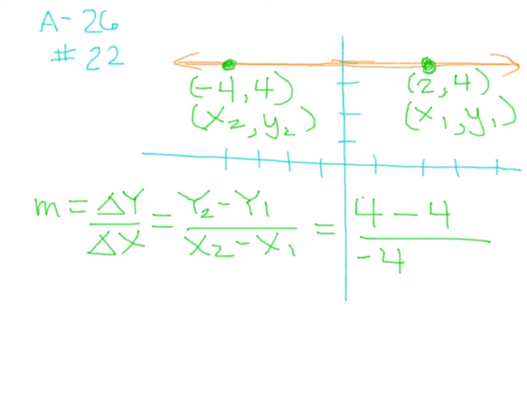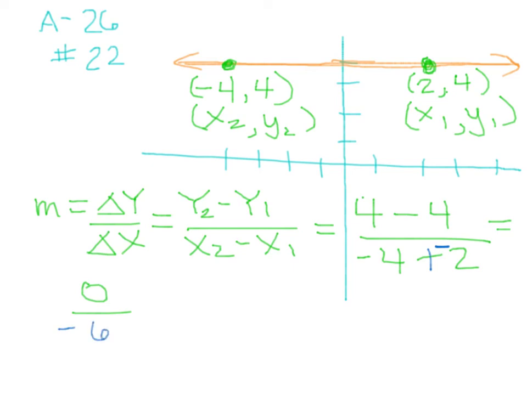So I have -4 minus 2. And that's going to be equal to, well, in my numerator, I have 4 minus 4, which is 0. And in my denominator, I have -4 minus 2. Once again, when I have -4 minus 2, I can say that's -4 plus a -2. And now in my denominator, that leaves me with -6.